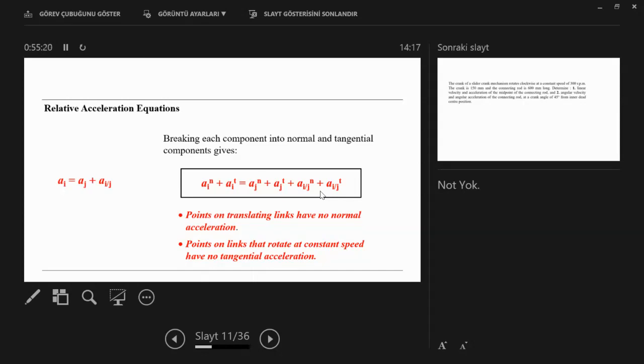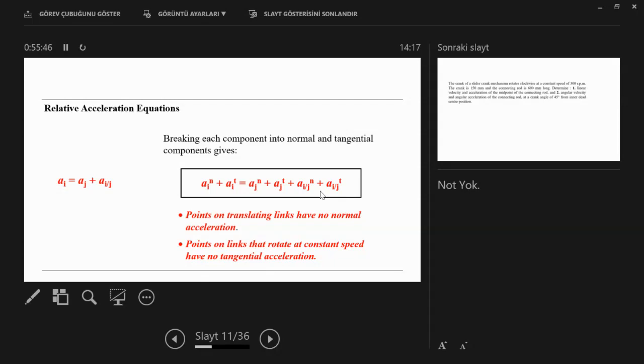You remember these equations, relative motion. And that means here, like this. This is A, and this is B, and this is ground here.